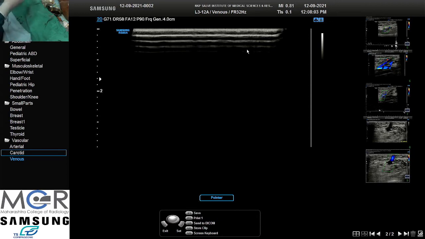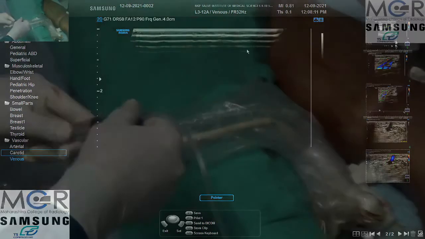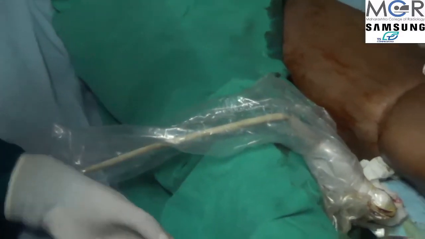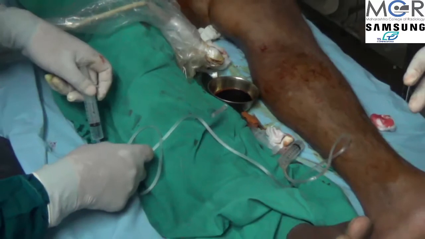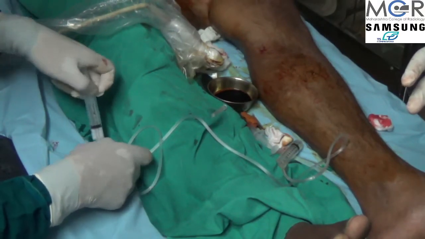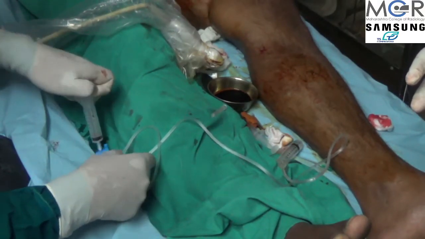So we do foam sclerotherapy. For that, we take 2 ml of Asclera. In it, we put 4 to 5 ml of air, and we mix it vigorously. So it will form a foam.